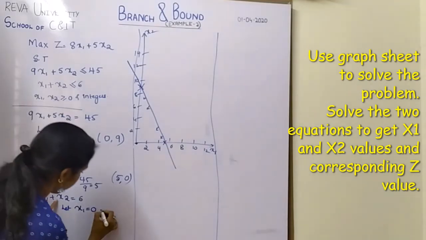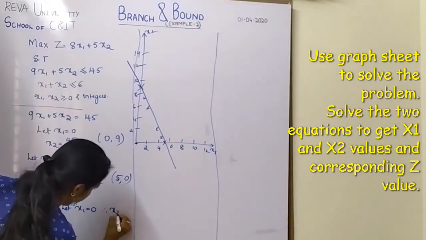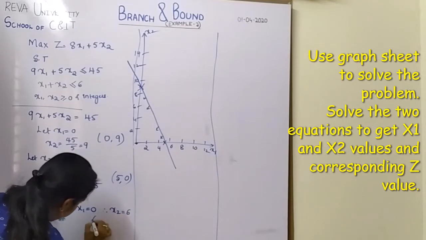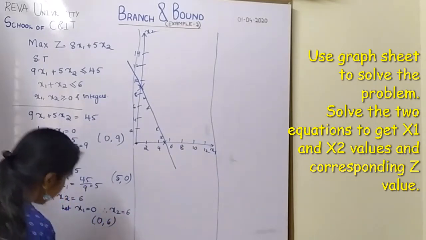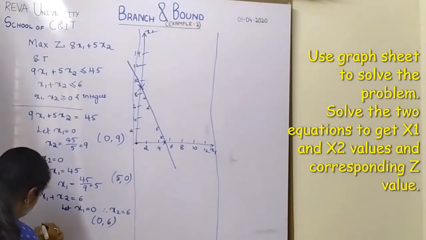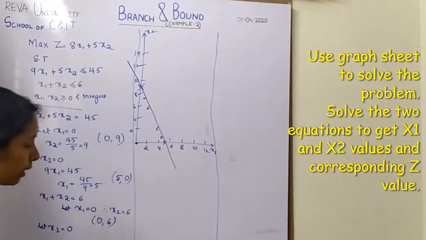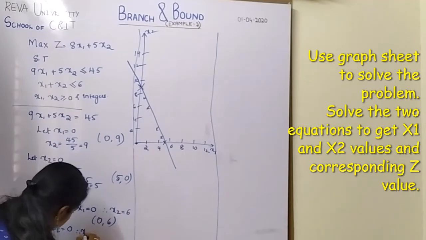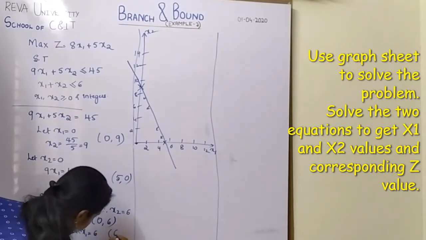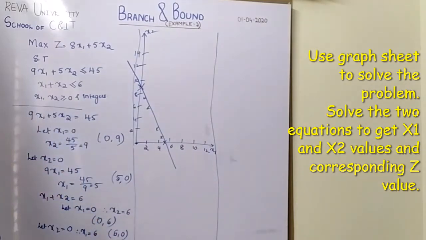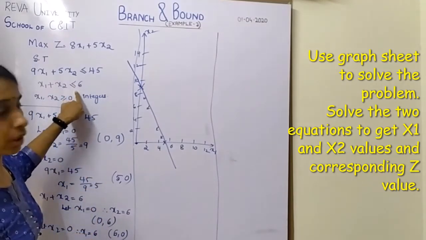If x1 is 0, x2 will be equal to 6. So the first point is (0, 6). Then let x2 equal to 0, then x1 will be equal to 6. (6, 0). This is our second point from the second equation.